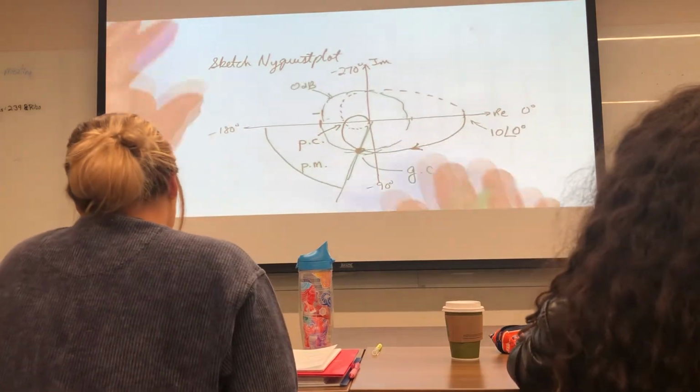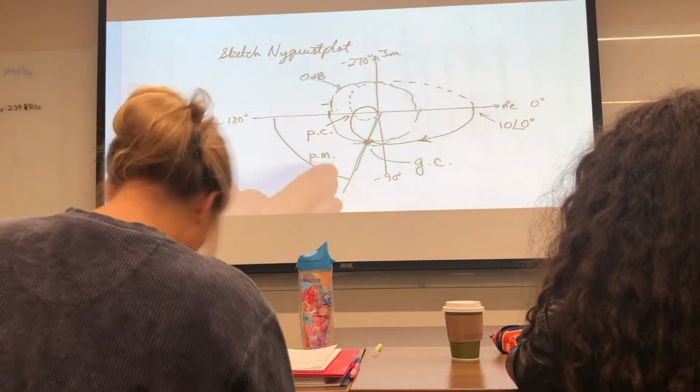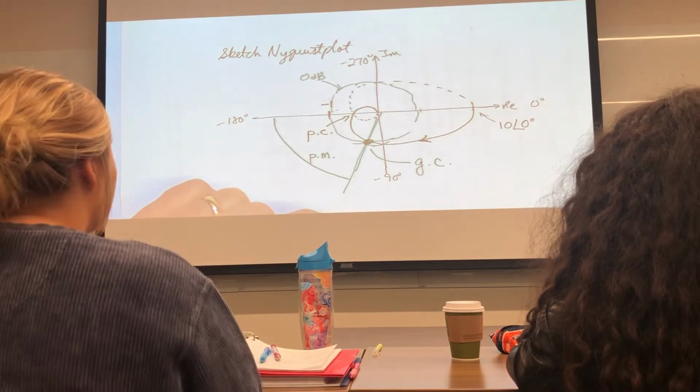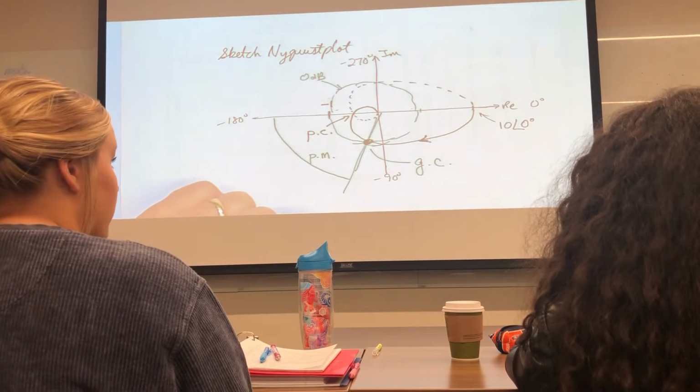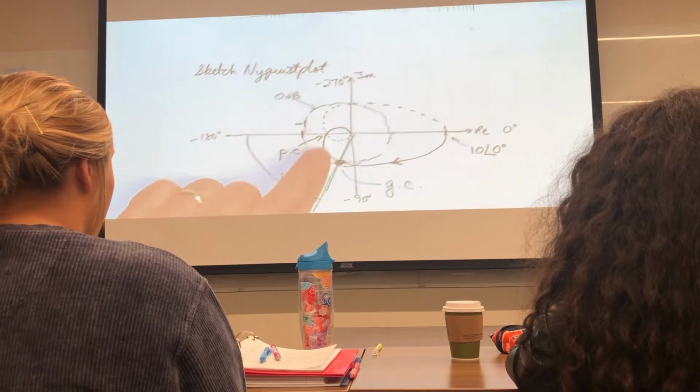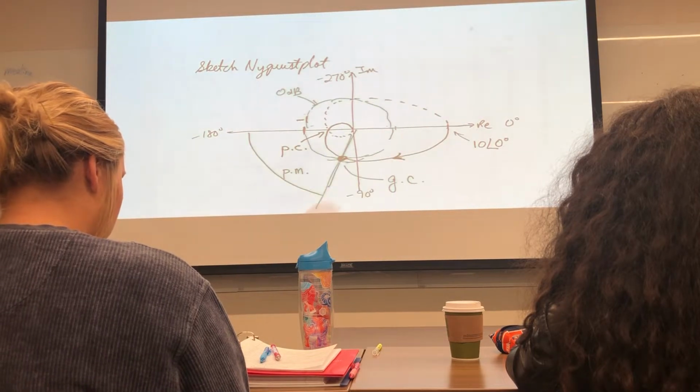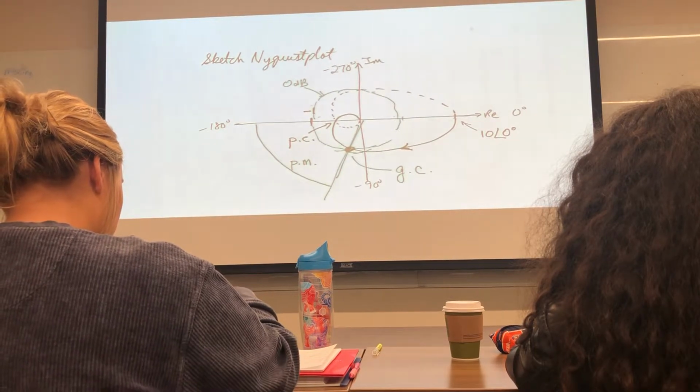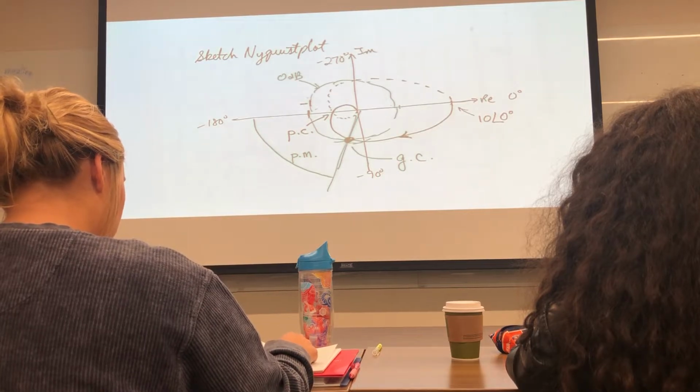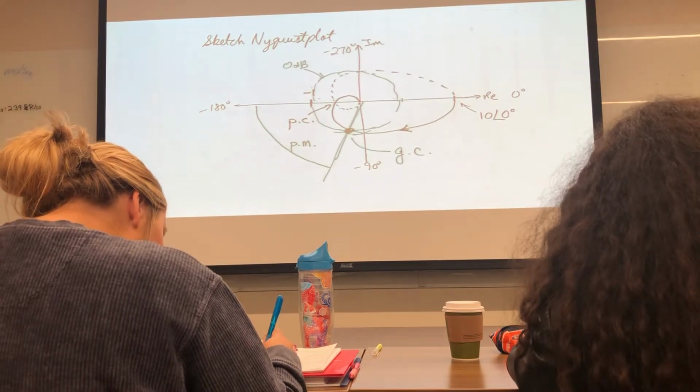Negative 10 dB, not negative 10. Negative 10 dB, yeah. You have to convert that out of gain because the Nyquist plot is not in dB. Does that answer your question? Okay. Whew. Thought I really messed up.